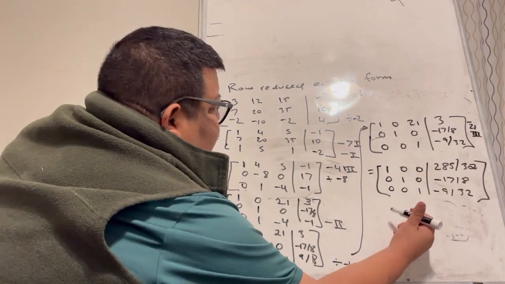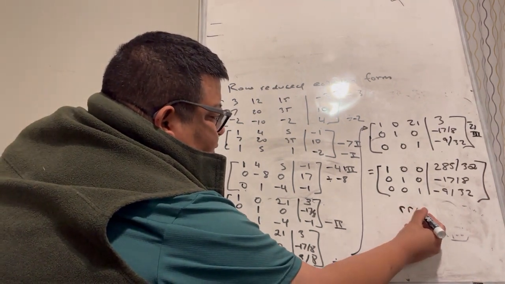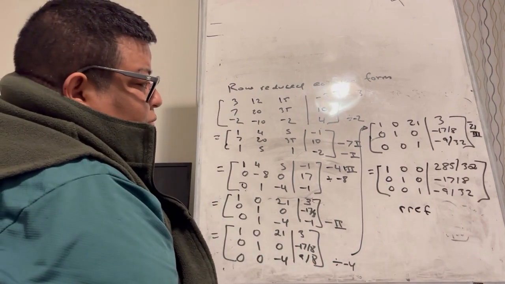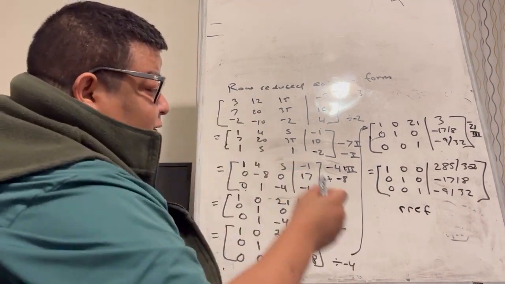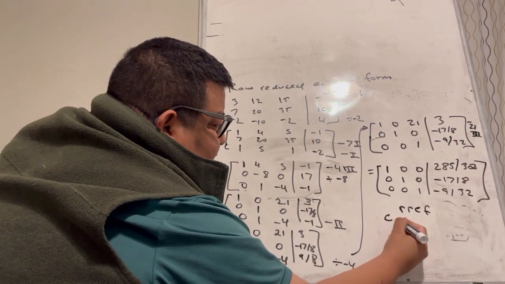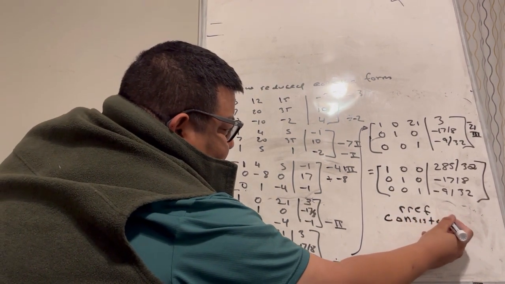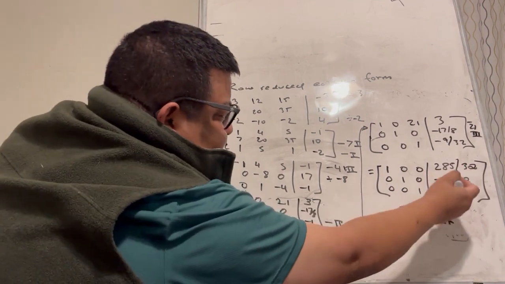So here we conclude that we have row reduced echelon form. And then you can say that this system is consistent. And the solutions, of course, are these ones here.